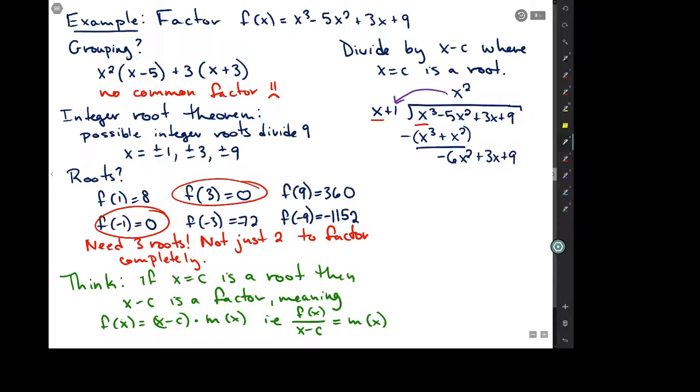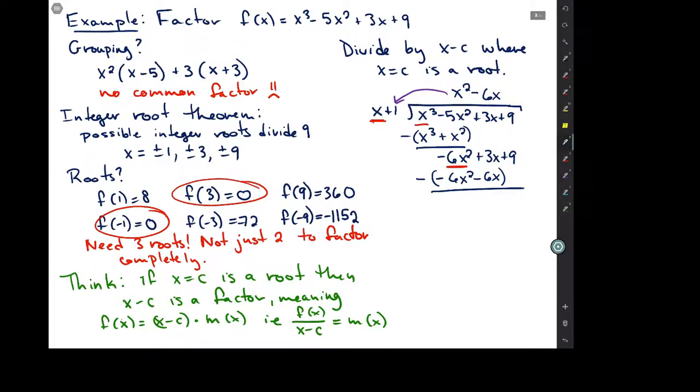Those just come down. If I look at my leading terms, the x and the minus 6x squared, so I have minus 6x. I multiply by that, and so I have minus 6x squared, and then multiplying by that 1, I have minus 6x, and I subtract that whole thing off.